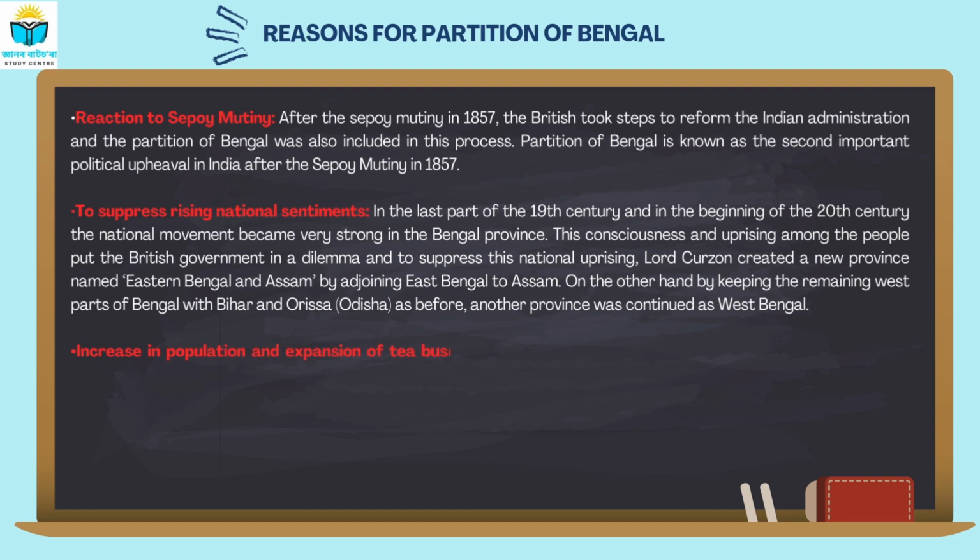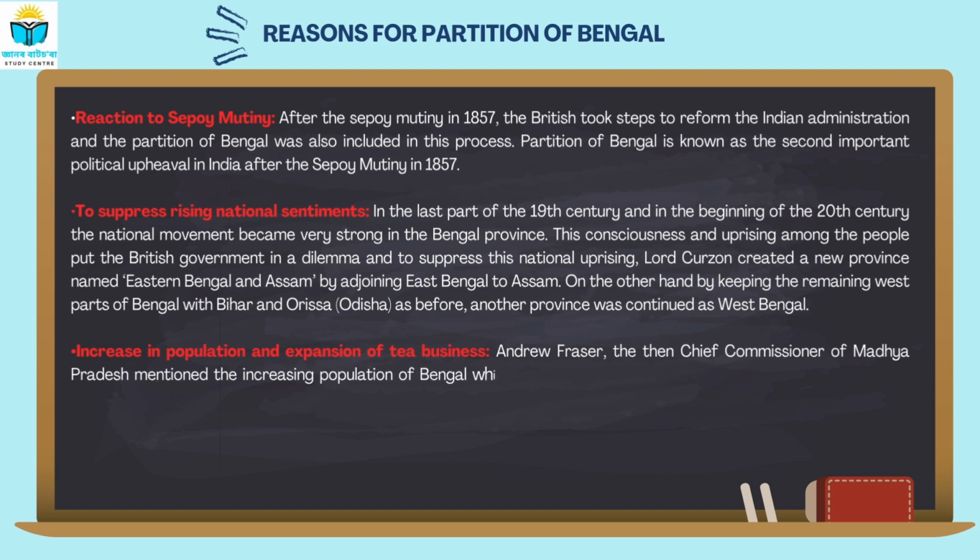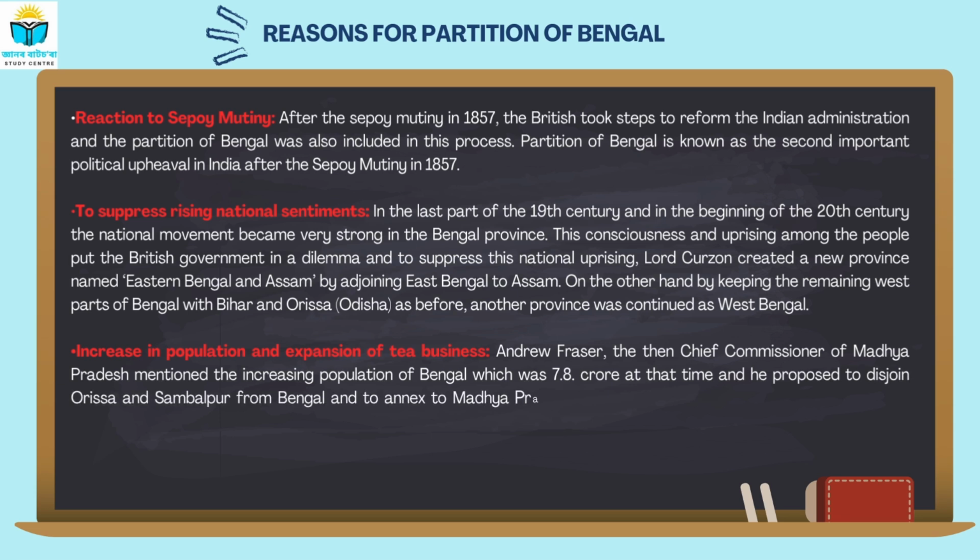Population pressure and tea business expansion. At that time, Bengal had a population of 7.8 crore, which raised administrative challenges. Andrew Fraser, the Chief Commissioner of Madhya Pradesh, suggested that Orissa and Sambalpur be separated from Bengal and merged with Madhya Pradesh.